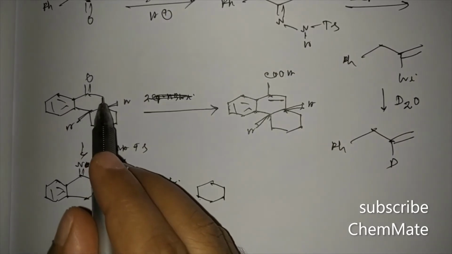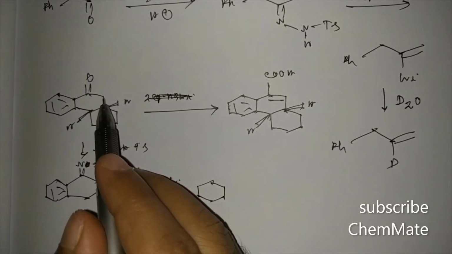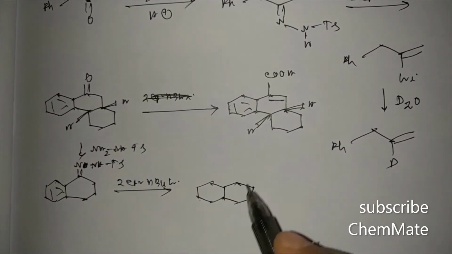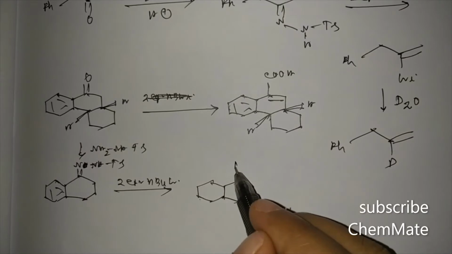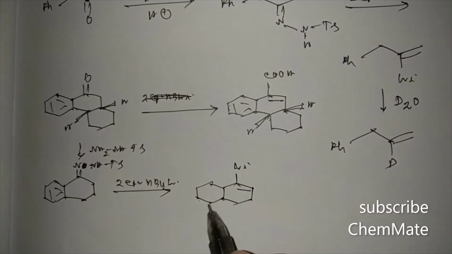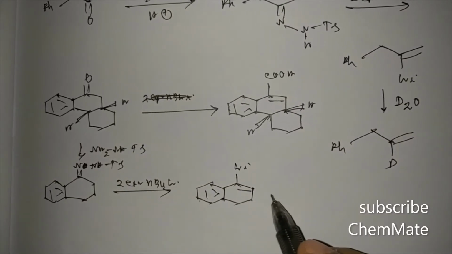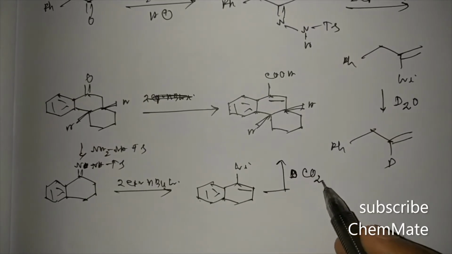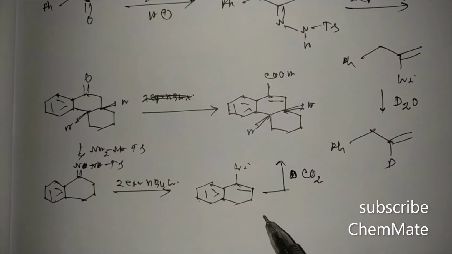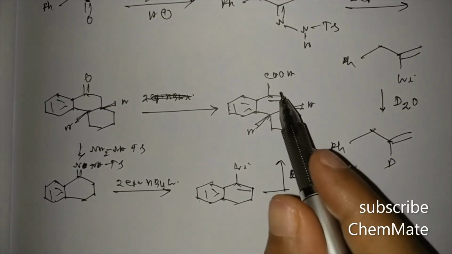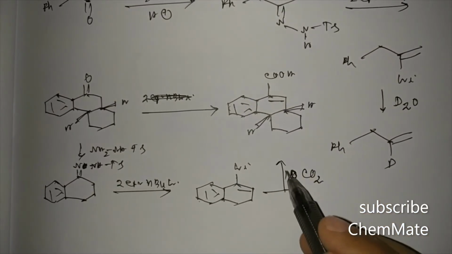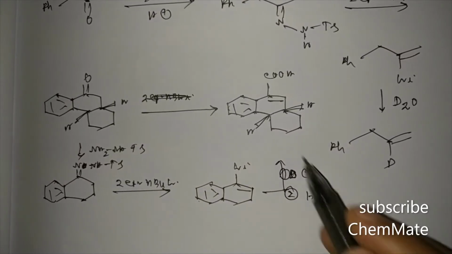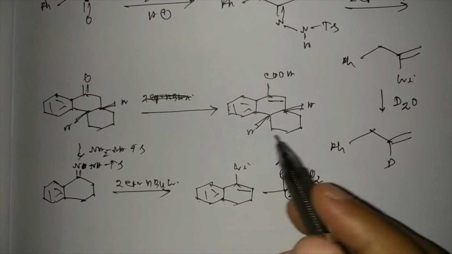Here the only option is that this hydrogen will be abstracted by butyl lithium, so this alkenyl lithium will be formed, and if it is treated with CO2 as electrophile, it will form the carboxylate anion, and then if it is acidified we will get this carboxylic acid.